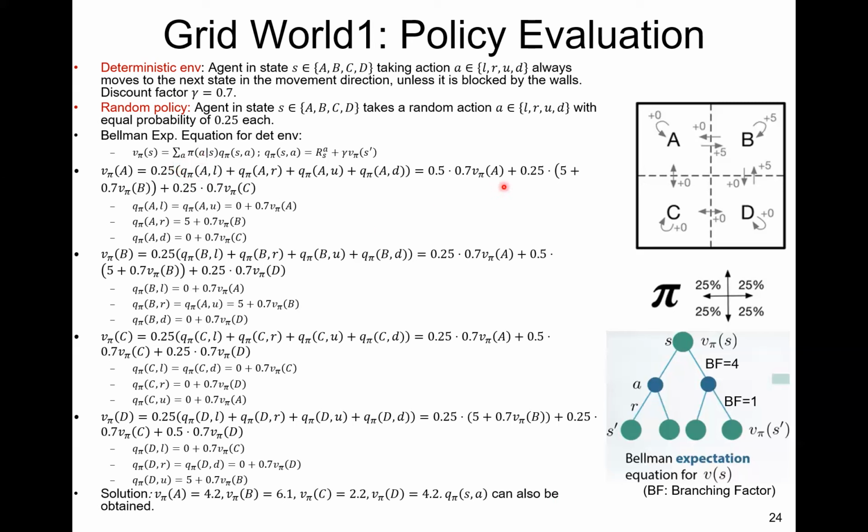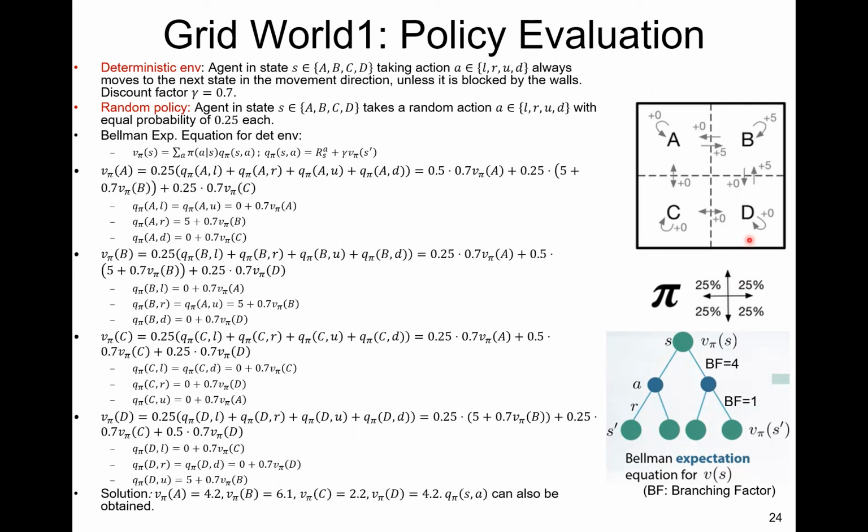And then you work out each Q for each of the 4 directions in each state. And you can get the V pi A as expressed in terms of the other V pi's. Similarly for V pi B and so on. So you have 4 equations, 4 variables. You can solve for it analytically.